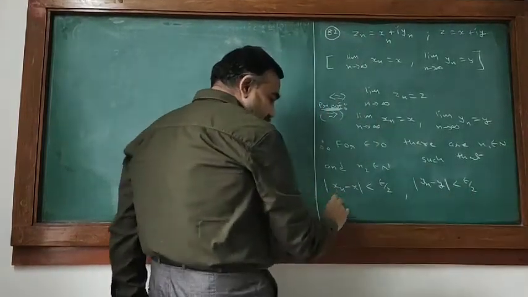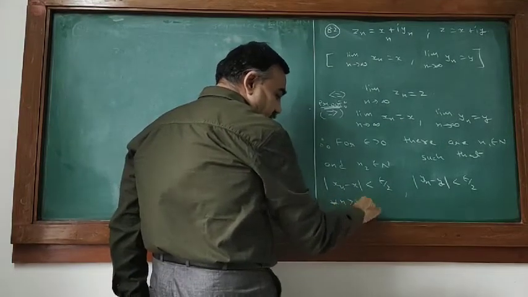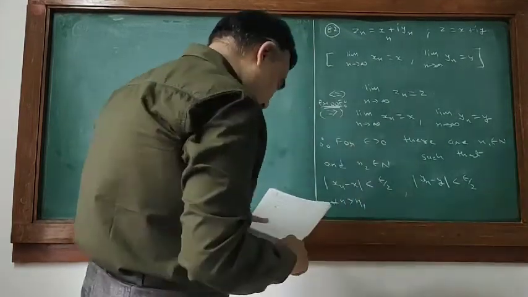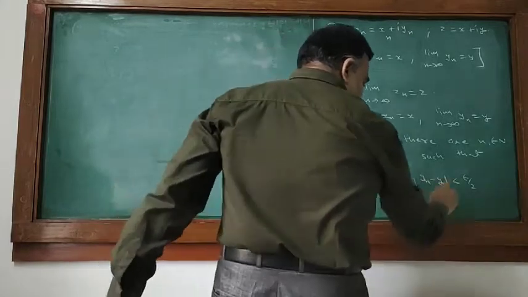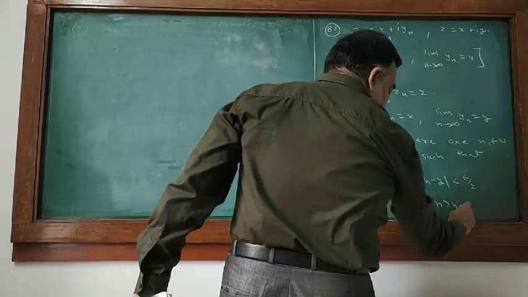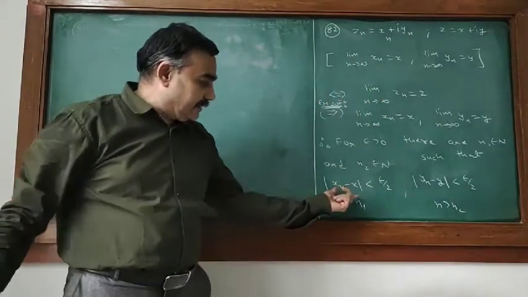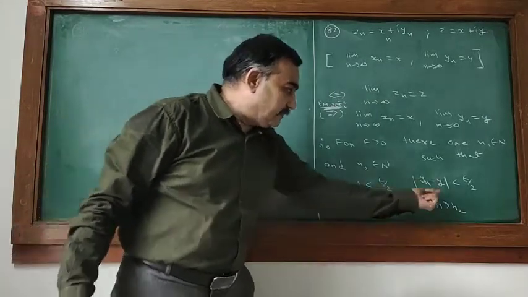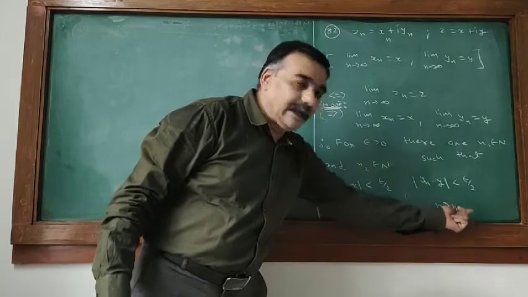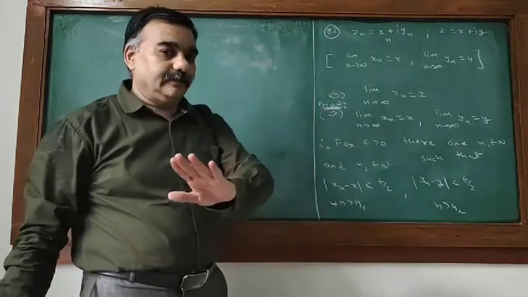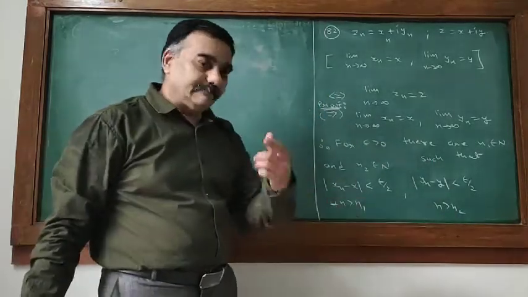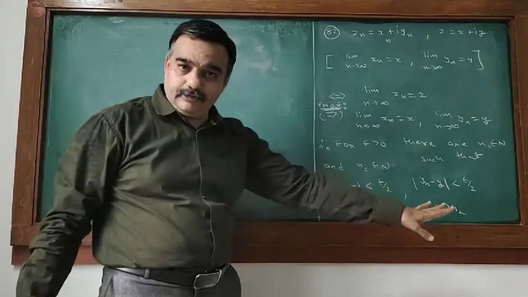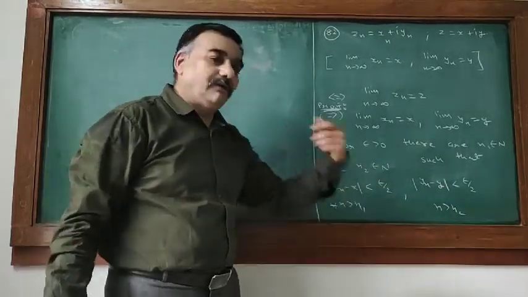I say this is true for all n greater than or equal to n1, and this is true for all n greater than n2. This term is true for n greater than n1. This term is true for n greater than n2. You know that if we take the number which is the maximum of n1 and n2, then this will work for all n.